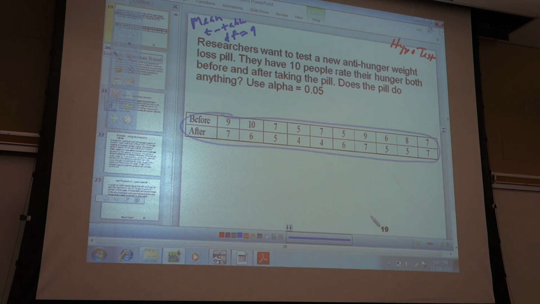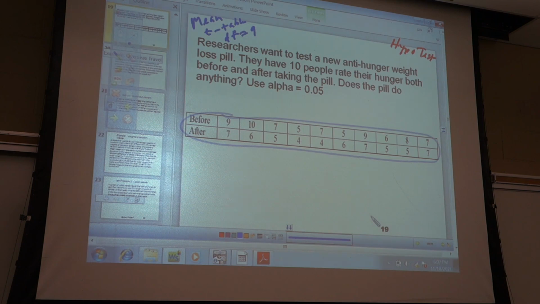It's a hypothesis test, right? Yep. Okay, good.